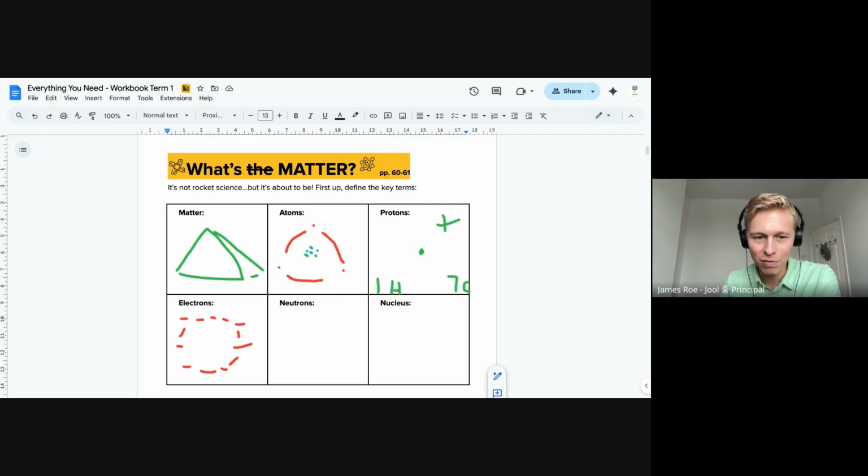You can't see individual electrons. They move far too fast. So rather than thinking of this as individual little things, just think of it as a cloud. It's a cloud of swirling electrons around the outside, okay? That's basically one of the things we think about. Now, usually they have 2 little orbits. So you'll have the outer and then the inner orbit, okay?